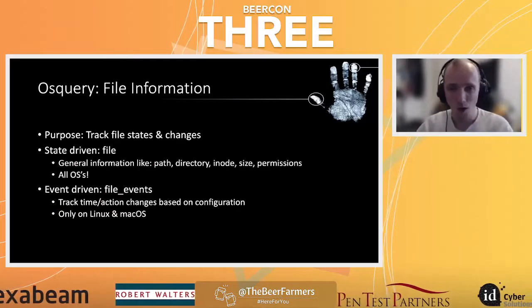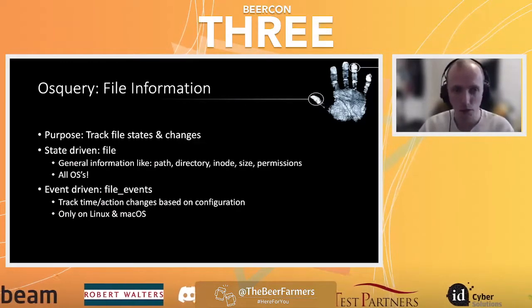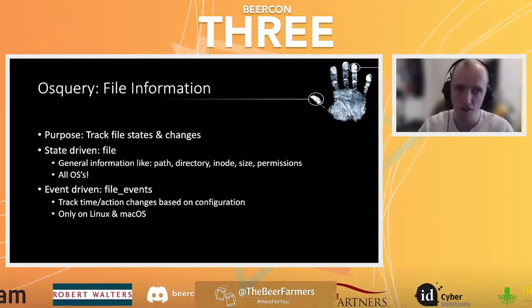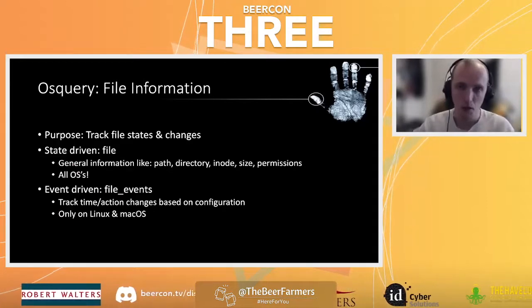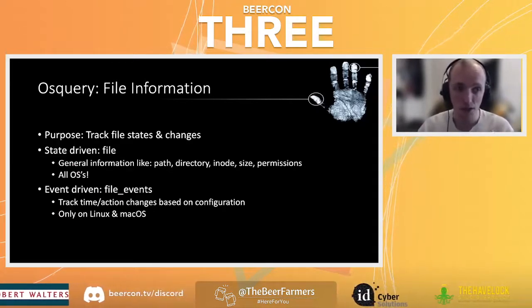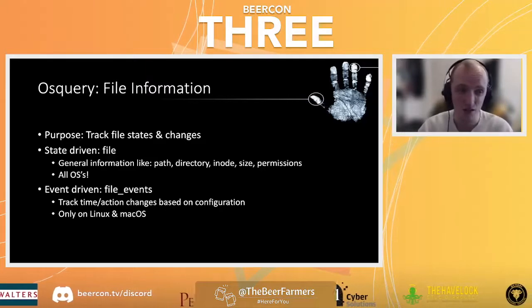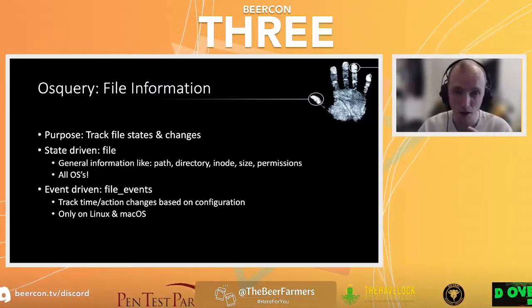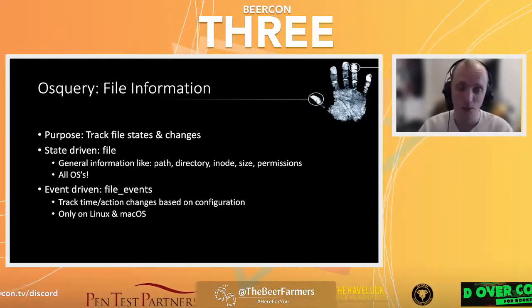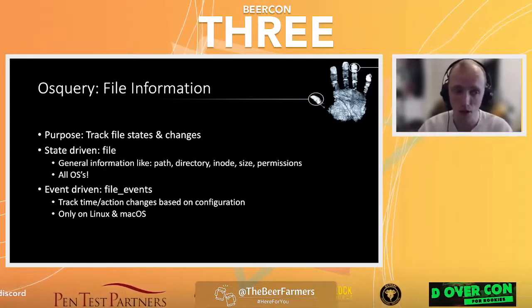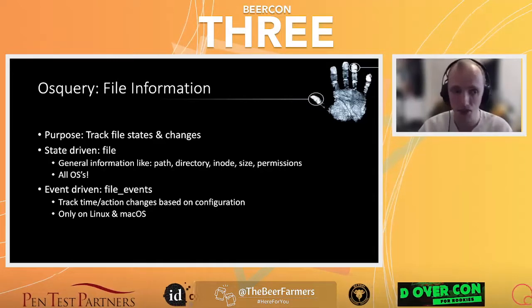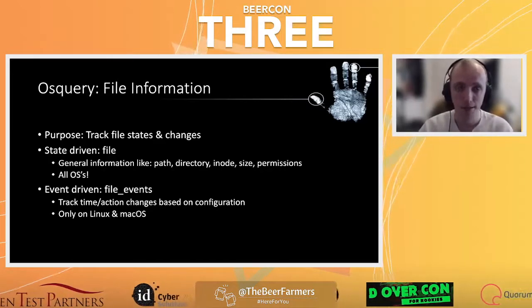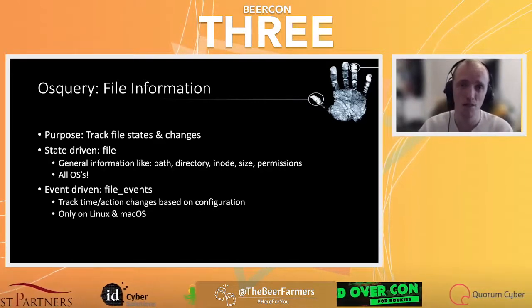Now, one of the first examples I would like to quickly talk about, we talked about this before, is file information. So the purpose of the file information tables is to track file states and changes. As I said before, you have two tables. For state-driven, you have a file table. Generally, it gives you the general information like path, directory, inode, size, permissions, and it's supported on all operating systems.